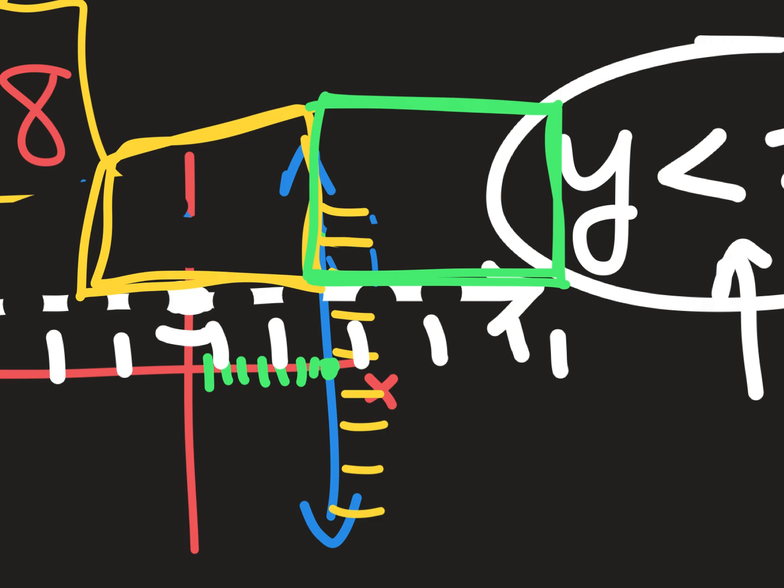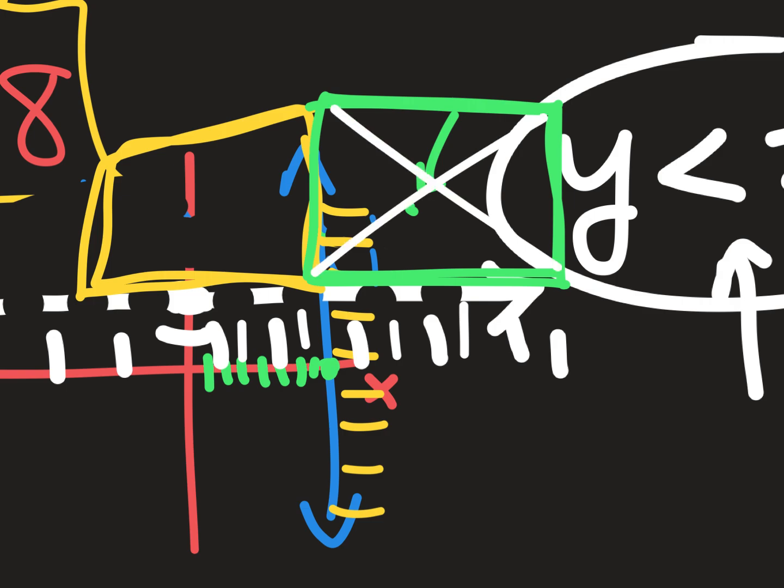But is that the double shaded area? No. So that is not your answer. If you put a point in here, the way you can ask yourself is, are both lines shading towards my point? One of the lines is shading towards this point, but the other line isn't. See the one with the white shading here? That one's not shading towards that point. So that is definitely not your region. That's not it. That's not it.